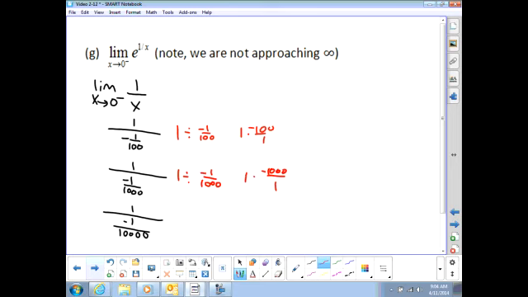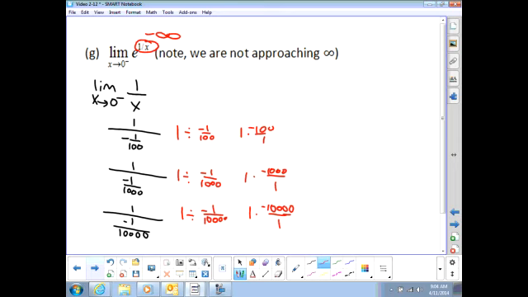And again, this is just by doing keep, change, flip like you used to do back in middle school. 1 divided by negative 1 over 10,000 is really 1 times negative 10,000 over 1. Therefore, our limit of the 1 over x part, as we go to 0 from the left, these are going towards negative infinity. So we know this part here is going to go towards negative infinity.